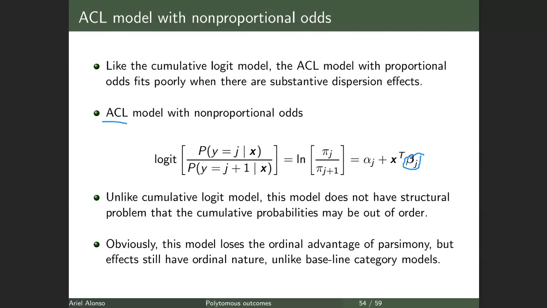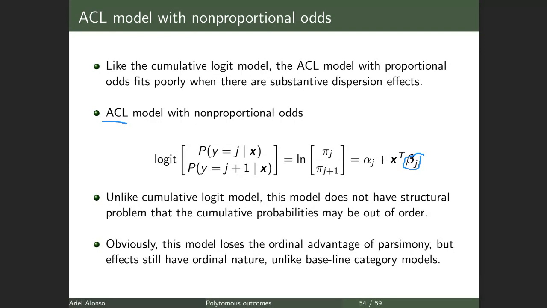The advantage is that now this model, unlike the cumulative model, because in the cumulative model, if you have a non-proportional odds model, you have this problem with the probabilities, that the probability of y smaller or equal than 2 may be smaller than the probability of y smaller or equal than 1, and that's a structural problem because that cannot be. Well, here you don't get that problem.